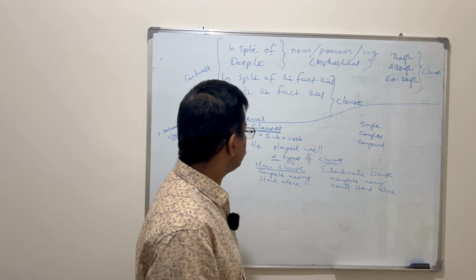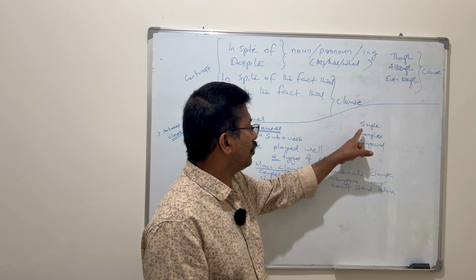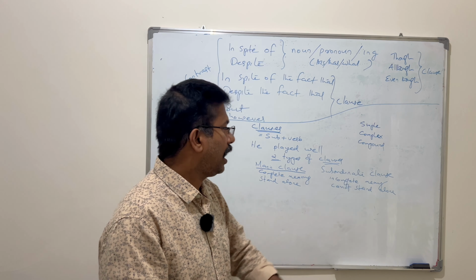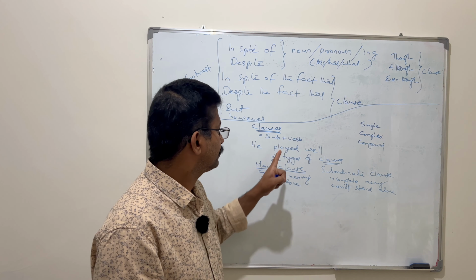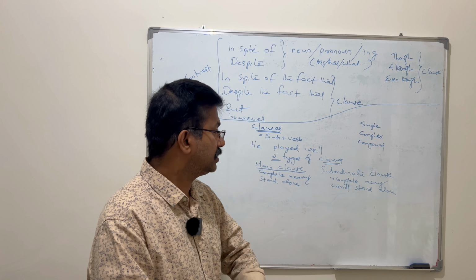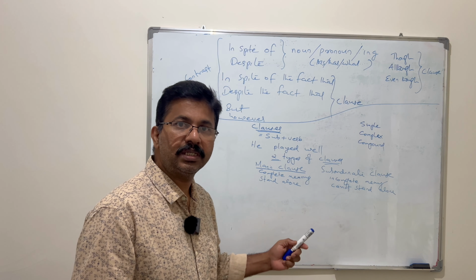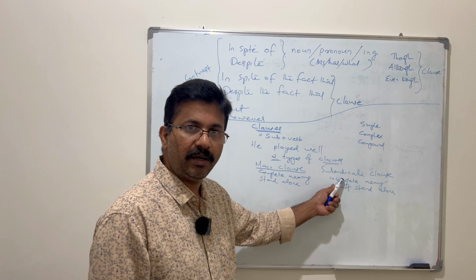Okay. The simple, complex, and compound sentences are formed by clauses. A clause is equal to a subject and verb. There are two types of clauses: the main clause and the subordinate clause.